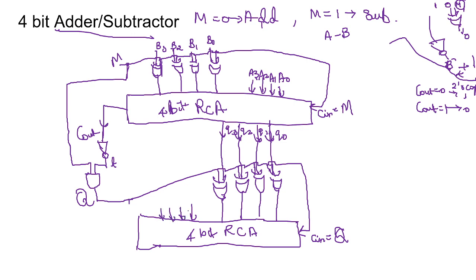And the other 4 inputs, what can I do with them? Because the RCA is a 4-bit RCA, it has 4 bits for B and 4 bits for A. So for this G3, G2, G1 and G0, what can I apply?